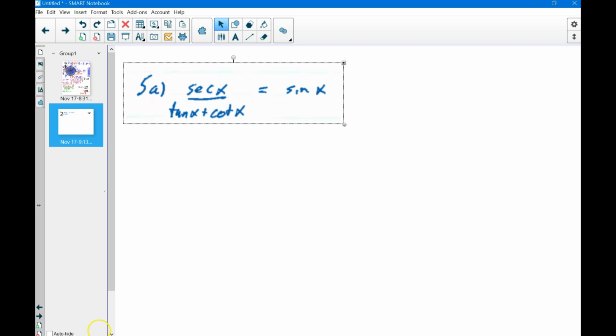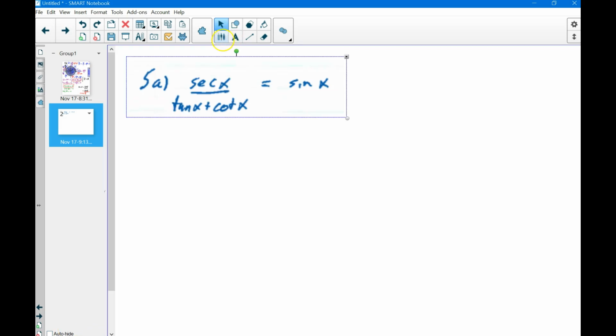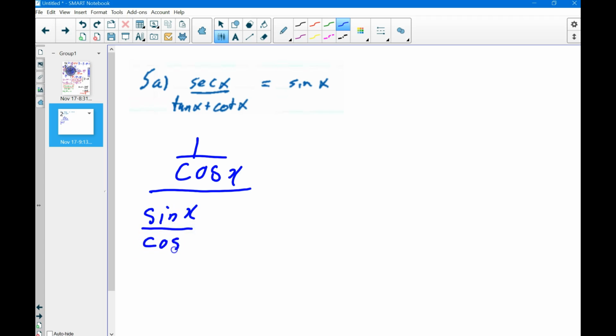Secant x is 1 over cosine x. And like we said before, substituting in tan x, we know tan is going to be sine x over cosine x, plus cotan is going to be flipped upside down, which is cosine x over sine x.